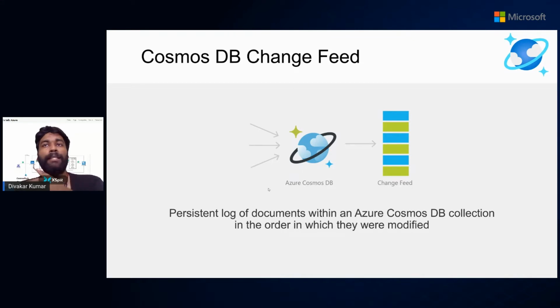That makes it easier to query a particular document when you point to that partition key. So make sure you choose the partition key wisely when it comes to ordered delivery, because the change feed works with this partition key only, and you will get the order only if you choose the right partition key.